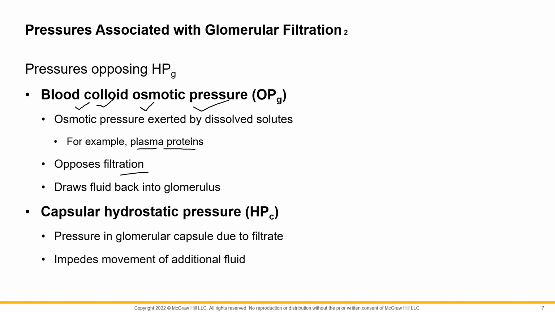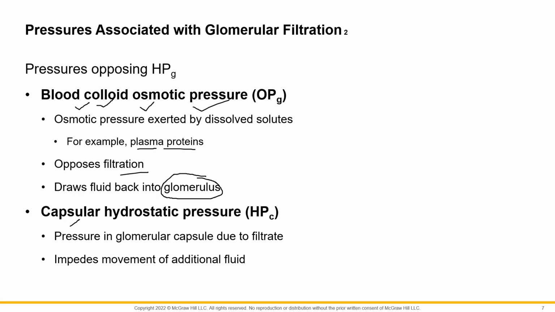So it's preventing things from getting filtered. These large particles basically draw fluid back into the glomerulus. So this pressure, the blood colloid osmotic pressure, is not contributing towards making the filtrate. It is an opposing pressure, or counter pressure, if you will.